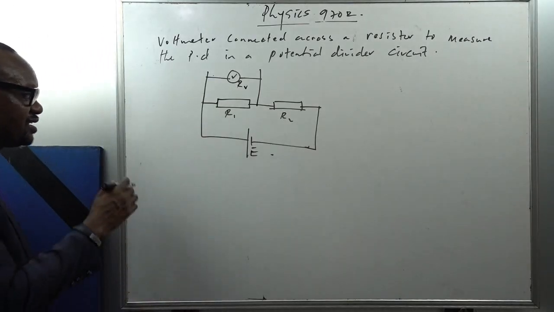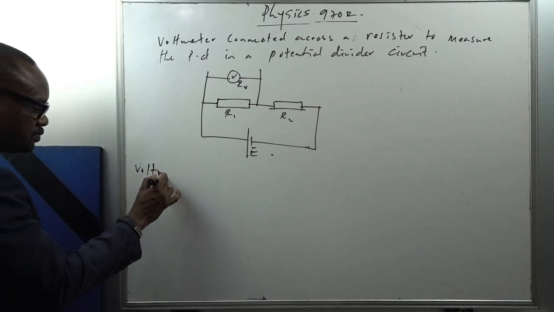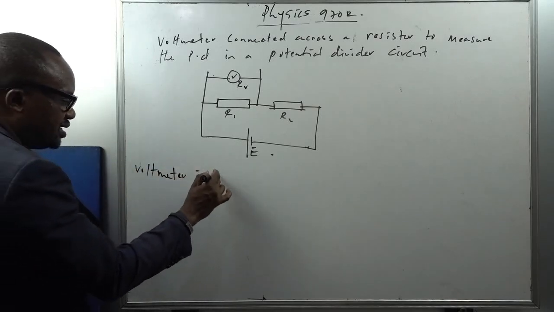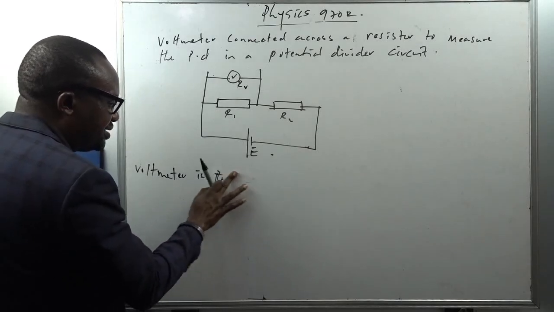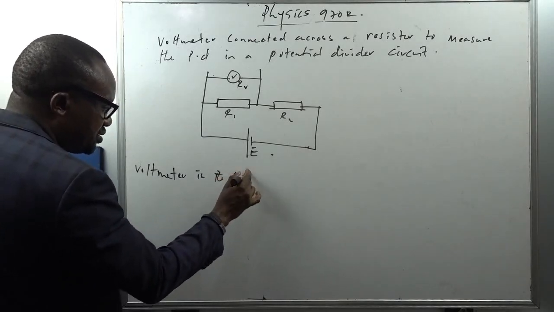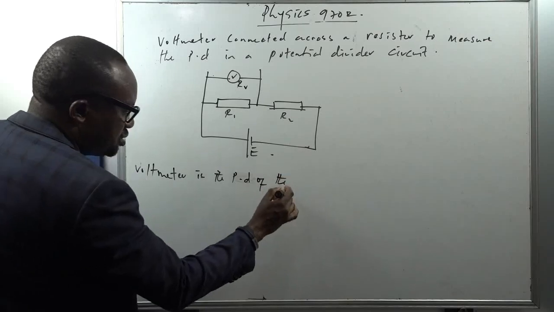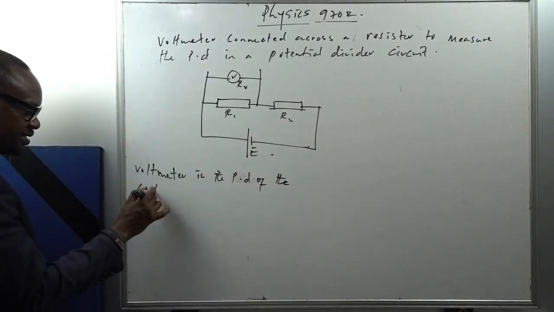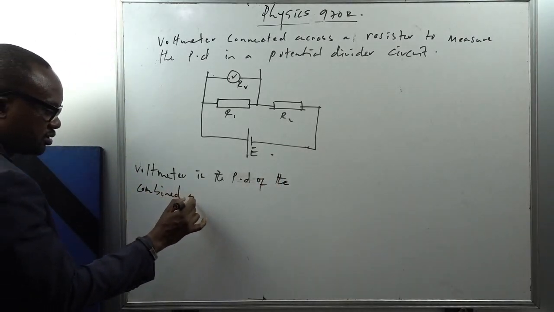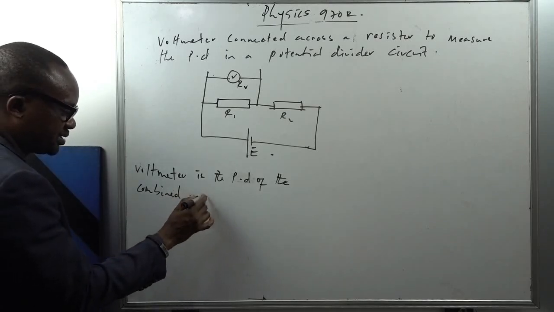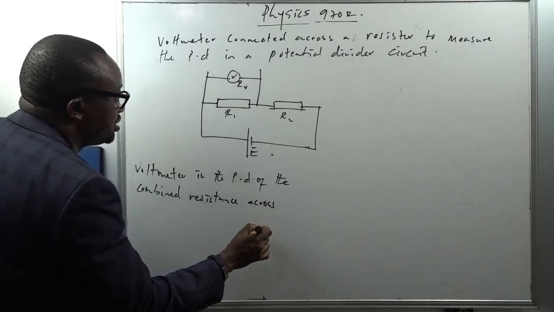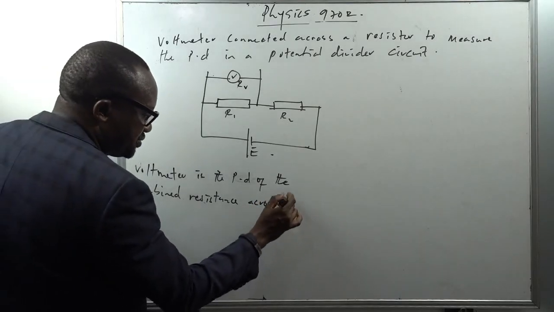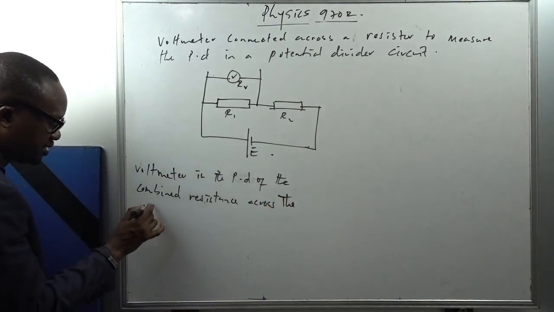So we can say the voltmeter reading is the PD of the combined resistance across the voltmeter.